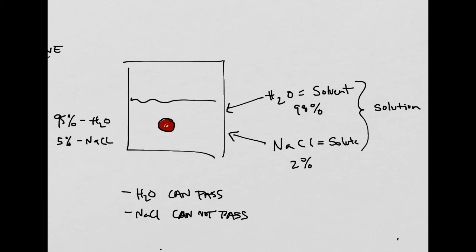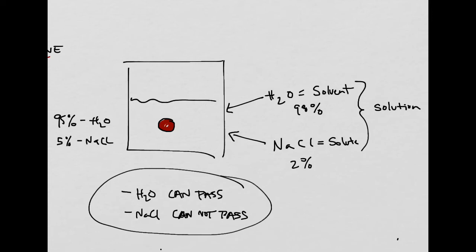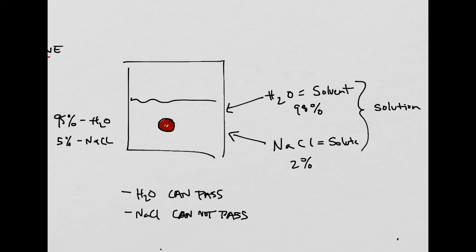Okay, and remember, water can pass and salt cannot pass. So, what's going to happen? Well, right now we're not at equilibrium. Why not? Because the concentration of water and salt outside the cell is not the same as the concentration of water and salt inside the cell.